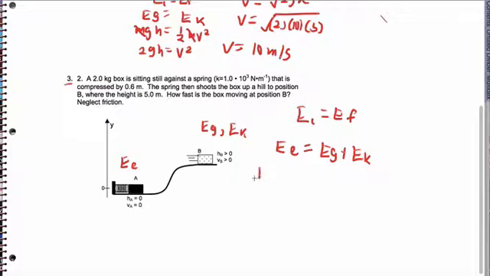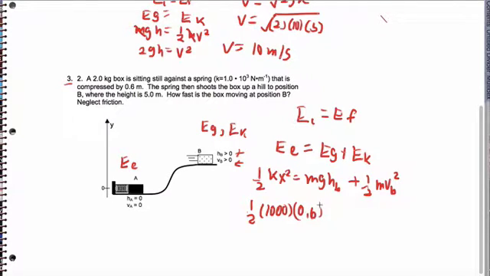Now I'll put in the letters. And, oops, sorry, that's 1/2 kx squared becomes gravitational and kinetic. And I'm just using the B's here because that's how they label the letters. Okay, so I have 1/2 times 1,000 times 0.6 squared equals 2 times 10 times my height, which is 5, plus 1/2 times 2 times v squared.